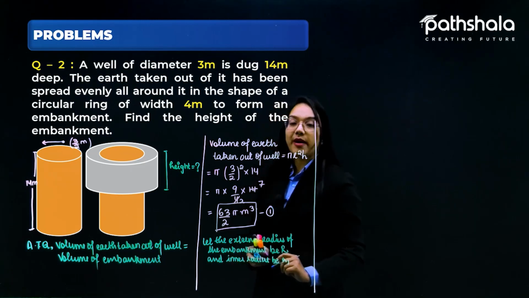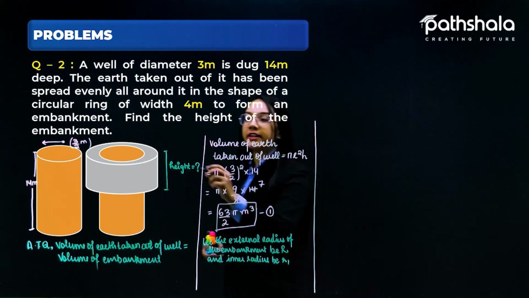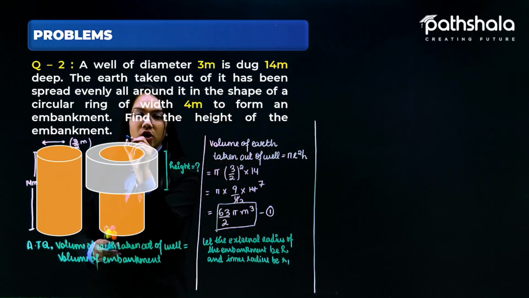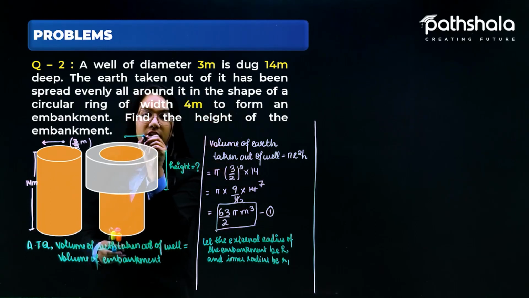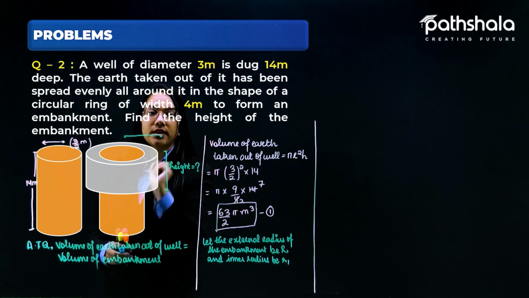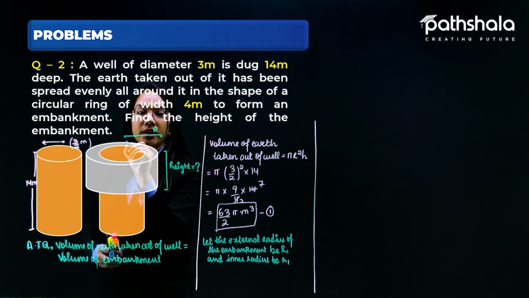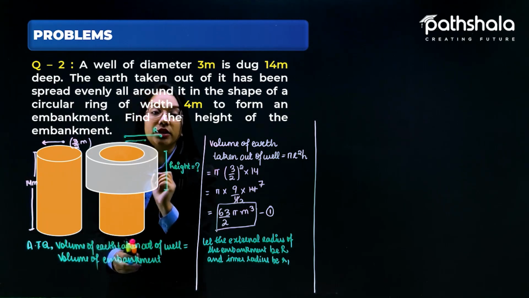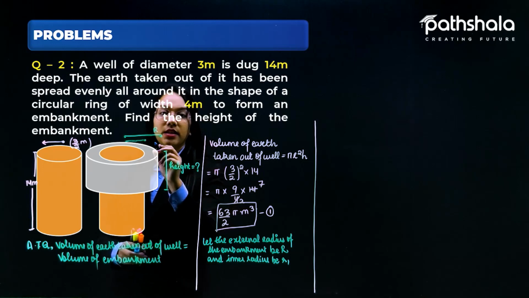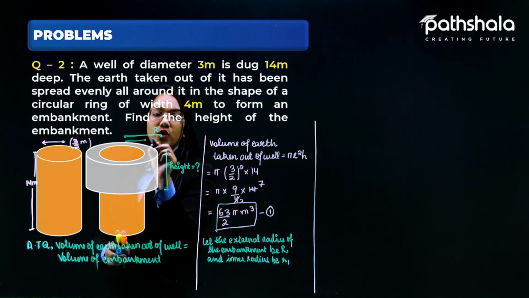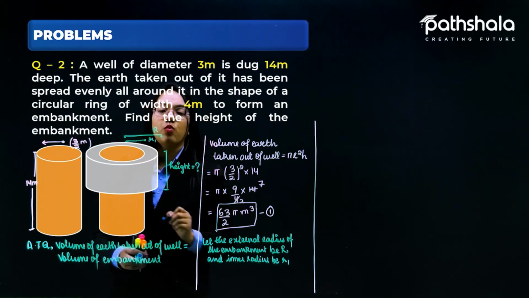So let us take this external radius as capital R, and I am taking this inner radius as R1.